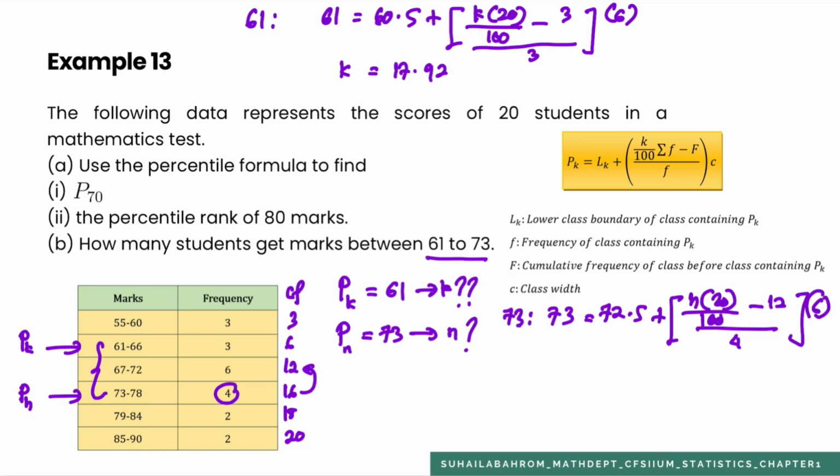So we will get the value of n here is equivalent to 61.67.